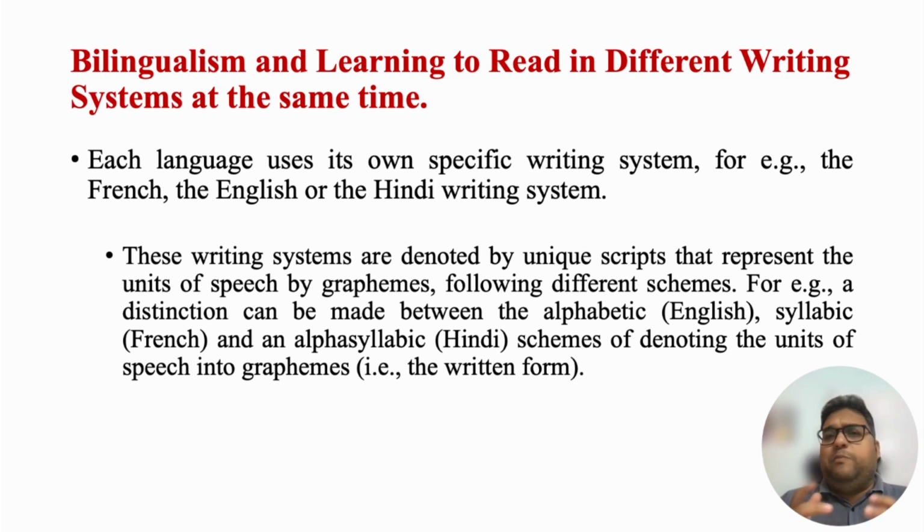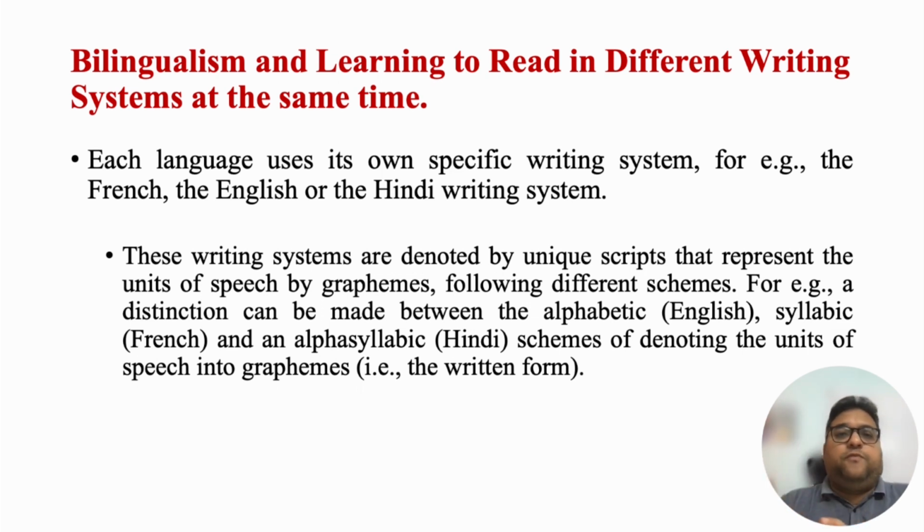For example, you can make a distinction between an alphabetic writing system, wherein the letters or alphabets of English represent singular phonemes; a syllabic writing system, for example as followed in French, where the units represent syllables; and an alpha-syllabic writing system, which is used in Hindi, which codes the units of speech into graphemes that represent syllabic units used as letters.